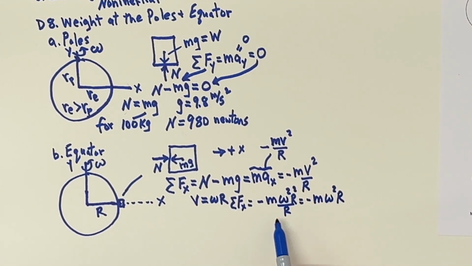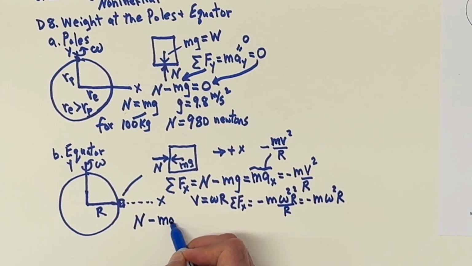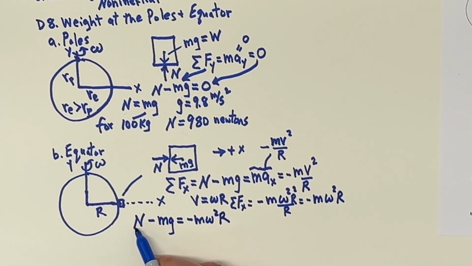So now you see that we have this other feature. And if we look at this equation, just clean it up a little bit again, n minus mg equals minus m omega squared r. You can see what the scale reads now is going to be a little less than mg.